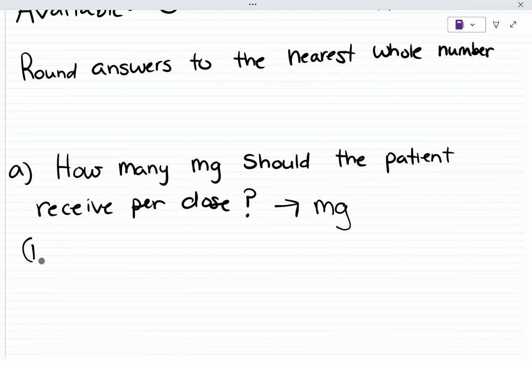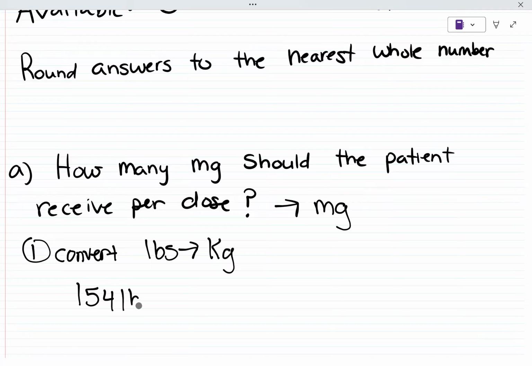So first I have to convert our patient's weight into kilograms. Our patient weighs 154 pounds, so we have to convert pounds to kilograms. That's pretty easy, but this is something you must know: 1 kilogram is exactly 2.2 pounds.